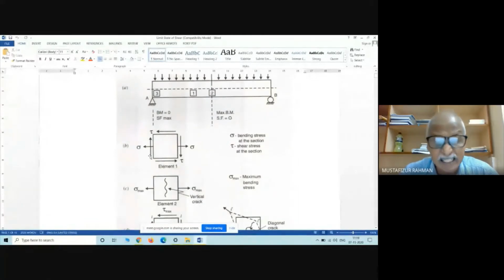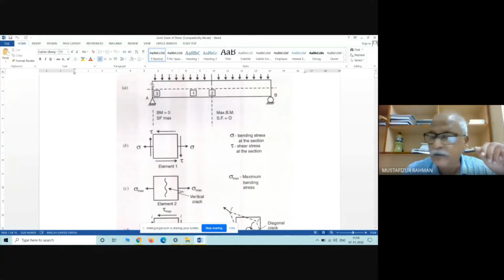Actual shear stress is acting this way and this way from our bending moment diagram. But for balancing this, we have to apply this and this. This is the complementary. So this is the situation where sigma is the bending stress, tau is the shear stress. Okay. Now come to this situation.